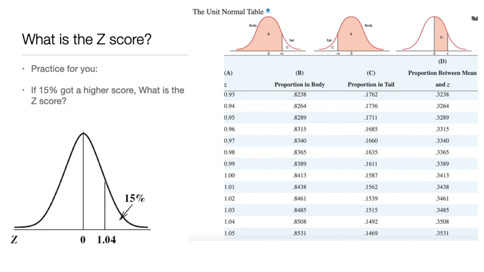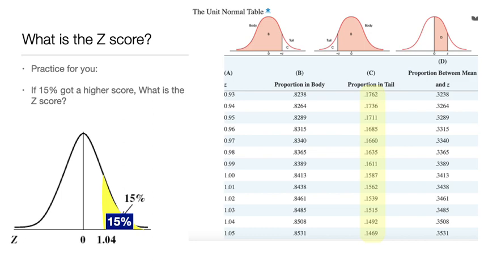So what's the flip side of 15? Well, the flip side of 15 is the 85th percentile, right? So this is the same thing as asking for 85% in the body, but is asking for 15% in the tail. So it doesn't matter how you do this, you're going to get the same value. Again, I'm interested in that 15% in the tail, so I'm going to look for that 15% in the tail.